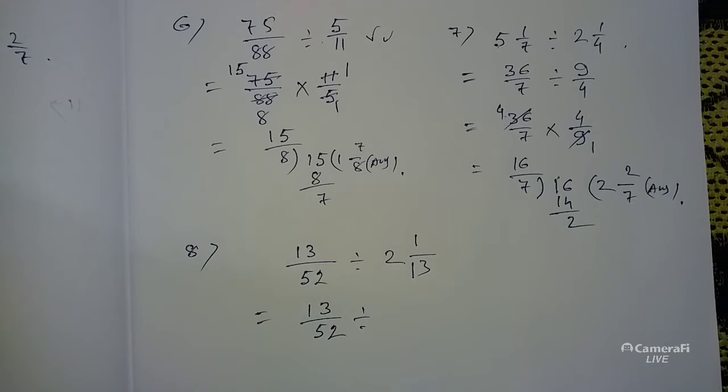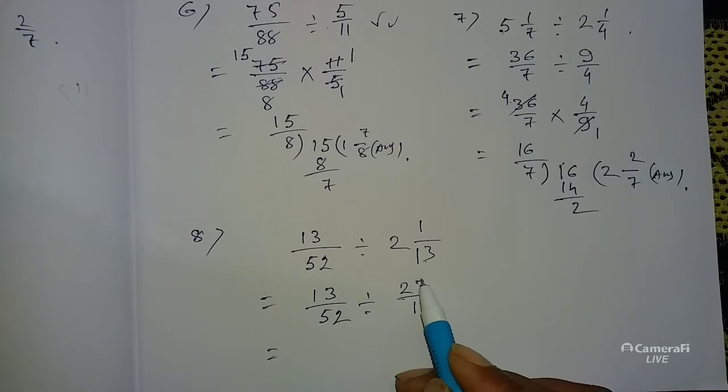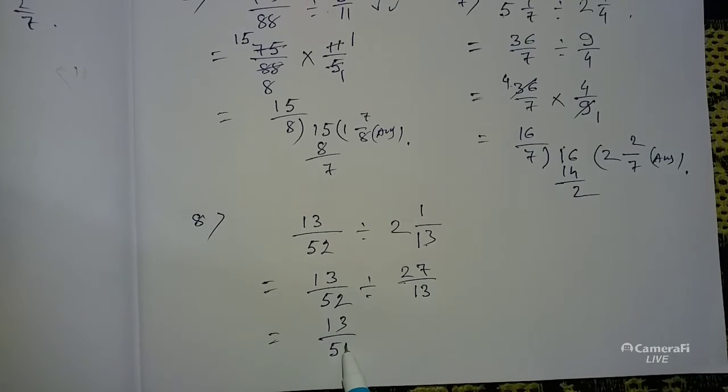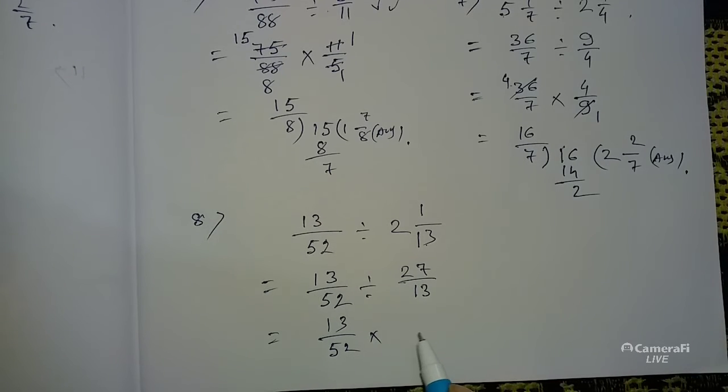Keep the division sign the same, and change the mixed fraction into improper. 13 2 is 26 plus 1, 27 by 13. Now 13 by 52 multiply, change it to its reciprocal, 13 by 27.